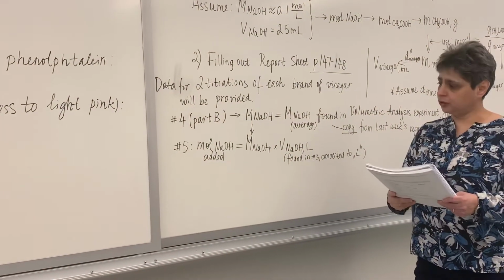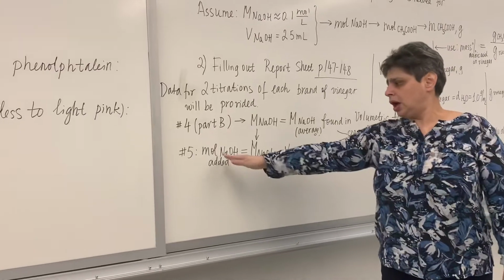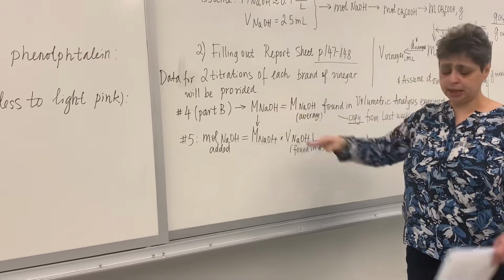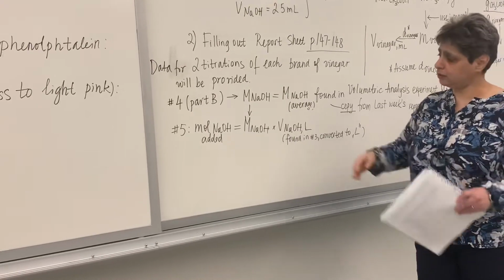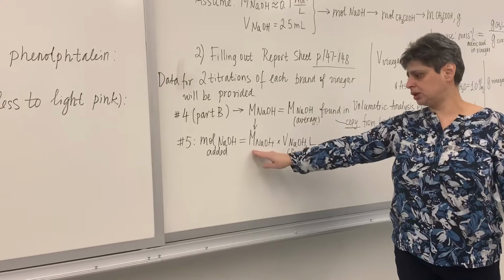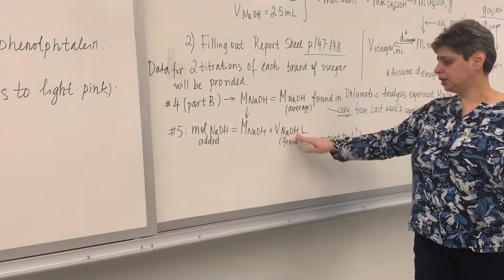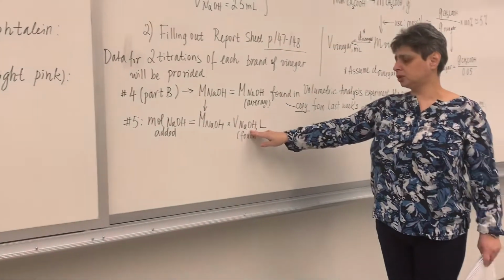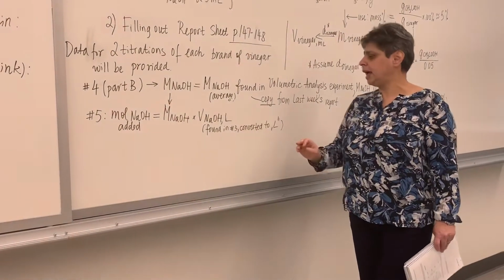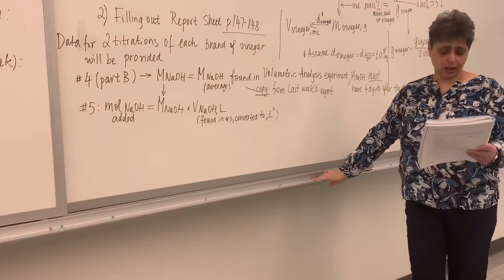And then for number 5, because you will have exact molarity of sodium hydroxide and you will be given volume of NaOH, you can multiply molar concentration, this of course is in moles per liter, times volume of NaOH used for titration, which should be in liters, remember to convert, and that will give you moles of NaOH.